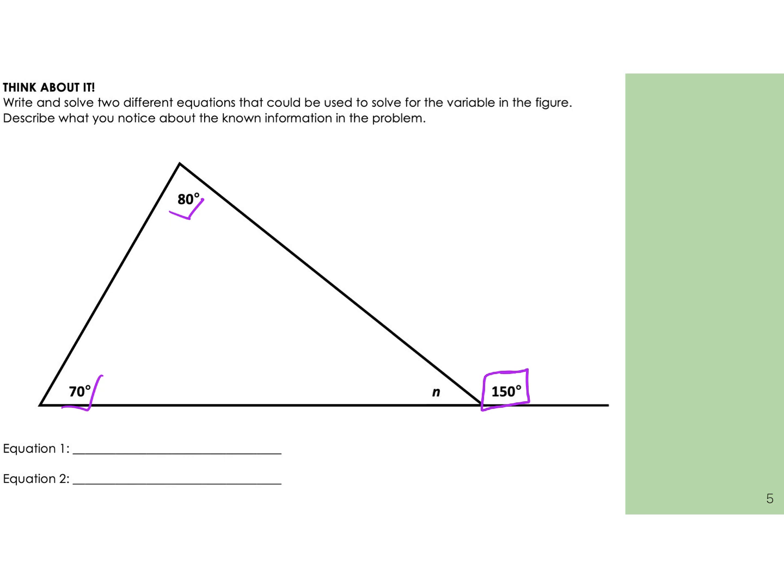So that's what that theorem is telling you. So we know that the three angles inside equal 180. We know that the two that form the straight line equal 180. And now we know that the exterior is equal to the sum of these two opposite interiors. So those three theorems are what we're going to use to solve our problems in today's lesson.